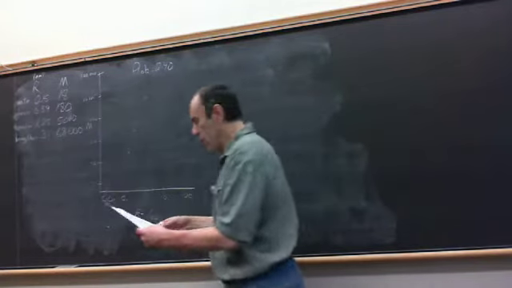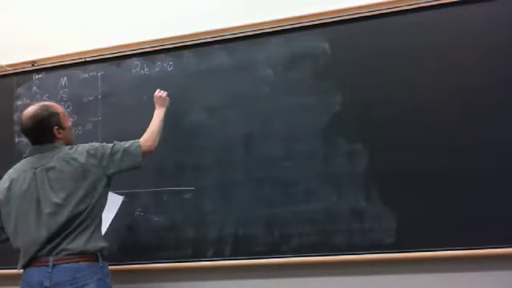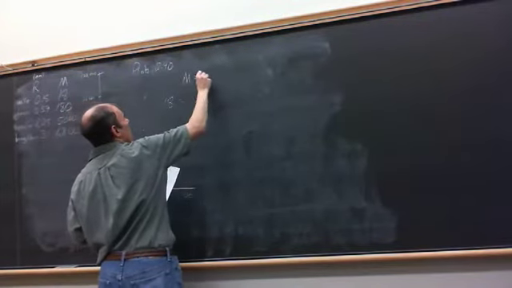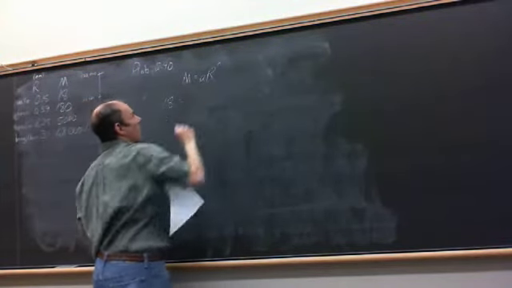All right, so you could say that we're going to find M is equal to A, R to the N. That's our model.